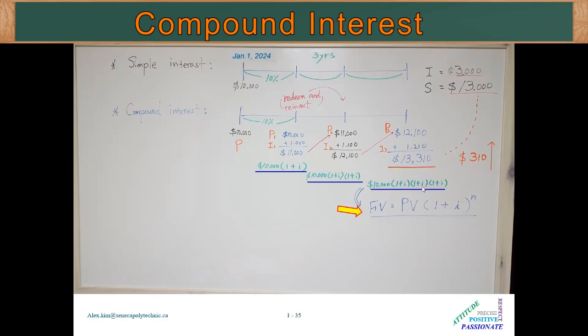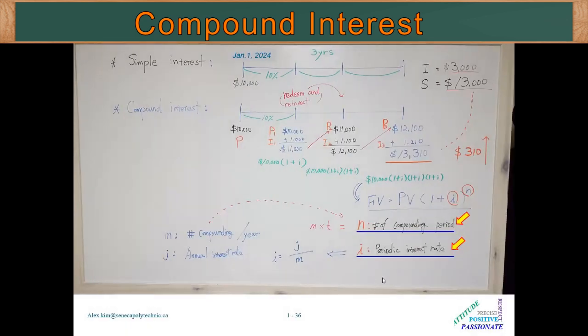One more time: principal plus interest, 1 plus i. If I convert to a formula, future value equals present value 10,000 times (principal plus interest) to the power of how many times we compound. Good? So we have the formula of compound interest future value.